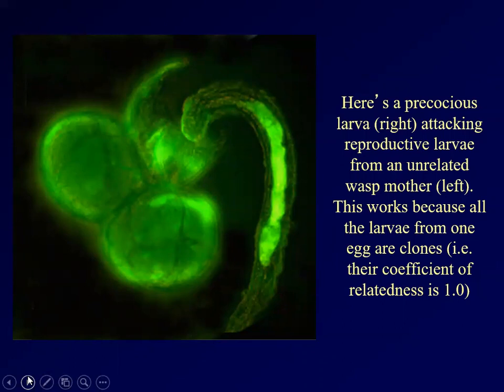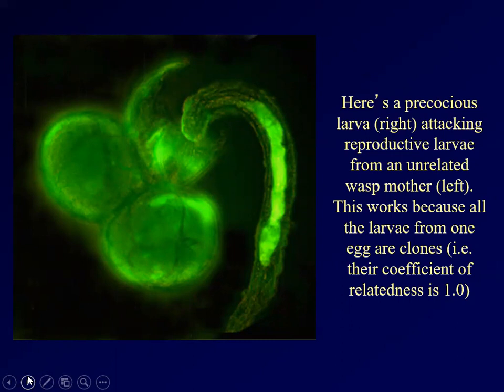Now, here's the thing. At first glance, this looks like altruism because the precocious larvae will never become adults. They live and die in the host caterpillar, and they're never going to form cocoons. So they're dead. They are giving up any chance of ever having a future for the sake of those reproductive larvae.